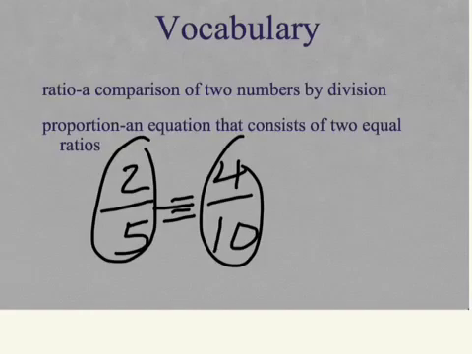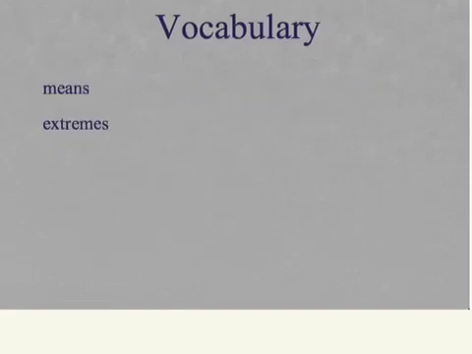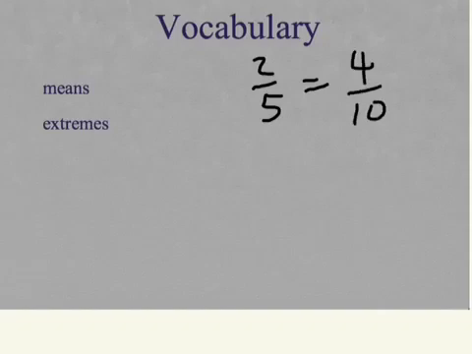This is a proportion. The next two words, means and extremes, are used to talk about parts of a proportion. Now remember from the last example we said 2 is to 5 as 4 is to 10 represents a proportion. As you know, ratios can be written in different ways.